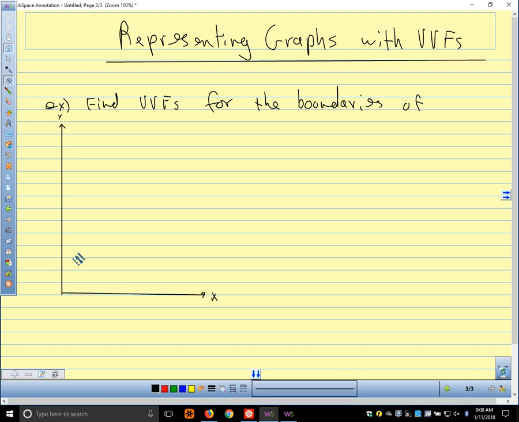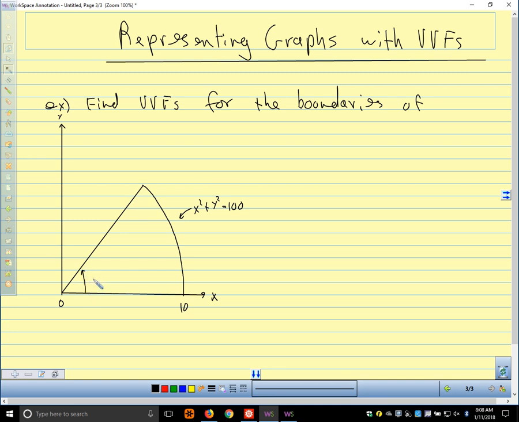So here's my region, or here's my curve. Is that like a sector of a circle? And this is the origin. This is at 10. This is x squared plus y squared equals 100. This angle is 45 degrees.